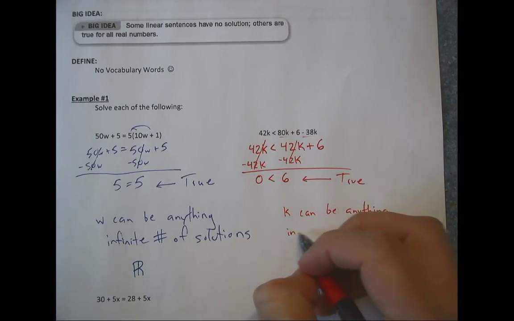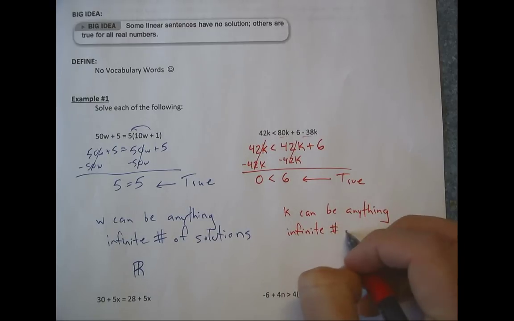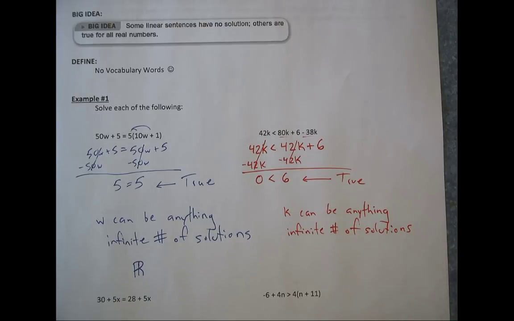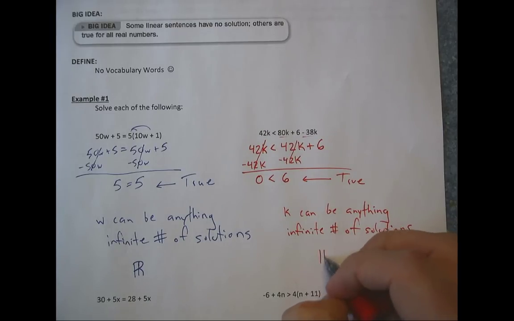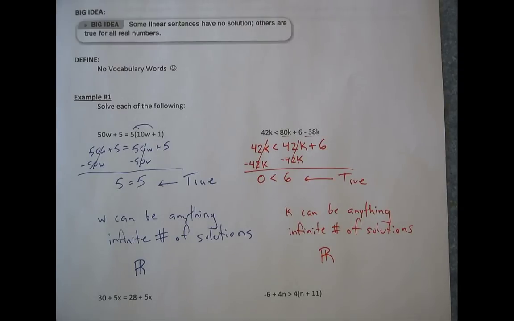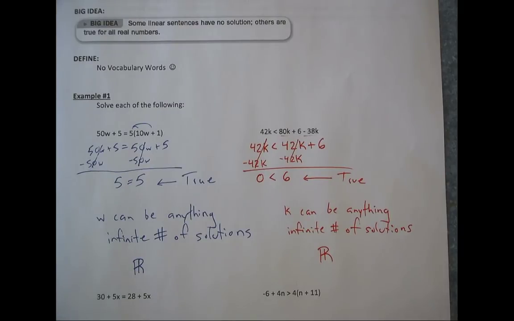There's an infinite number of solutions. And the shortest, most concise way to write an answer here would be to say all real numbers. Any real number, positive, negative, fraction, decimal, even 0, will make this a true statement.